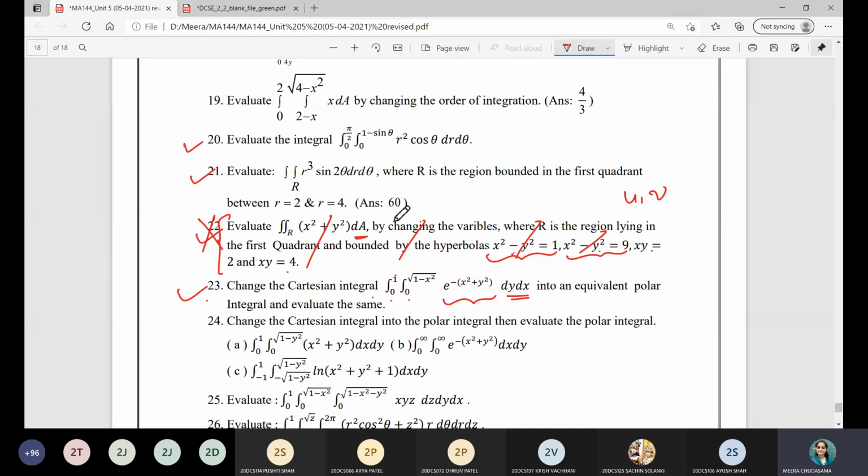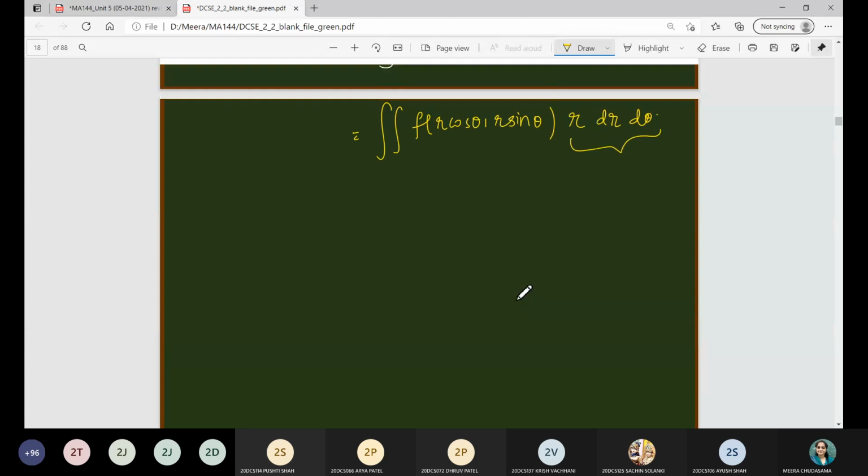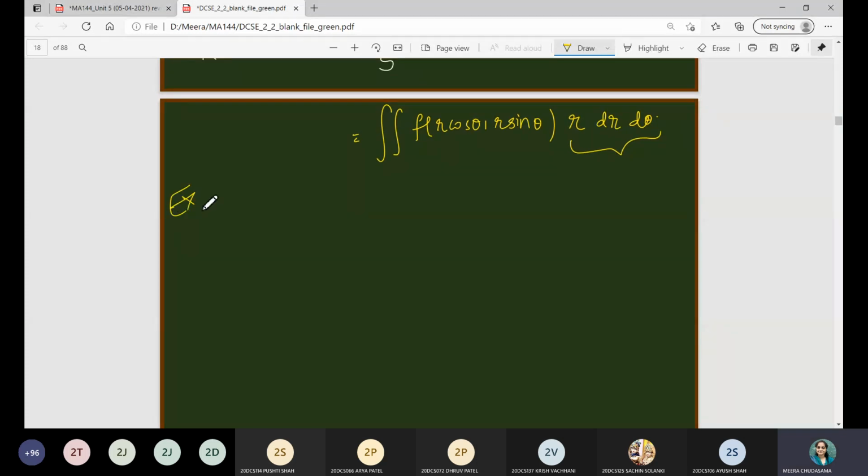So first of all, you have to determine the region. Region क्या दिया है ये पहले determine करो. I am giving you 2-3 minutes to determine the region in the Cartesian coordinates. Ma'am, region is circle.